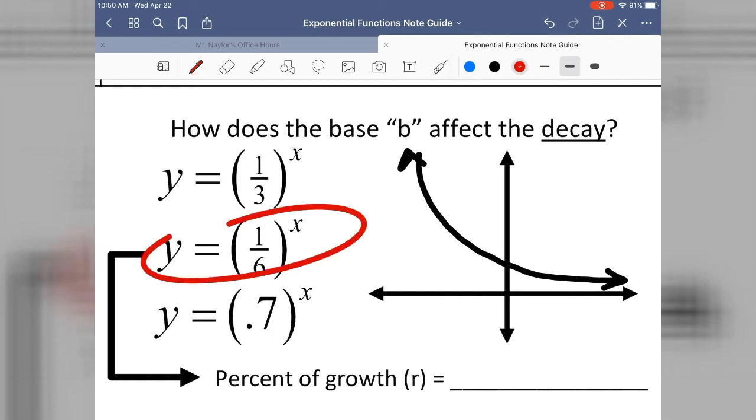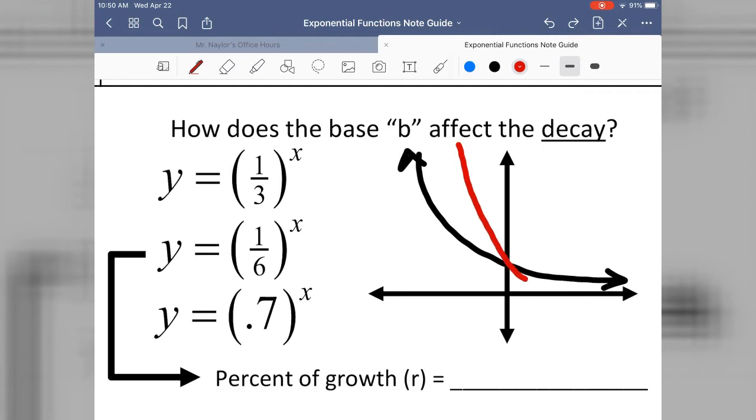But the 1/6 to the x graph, 1/6 was actually a smaller number. And so because the number is smaller, the graph actually decays more quickly. The graph is steeper compared to 0.7 to the x, which is less than 1, but it's not as small. And so when we look at something like 0.7 to the x, we see a graph that still goes down, but does not go down as quickly as the others.